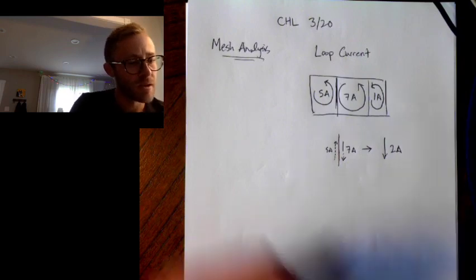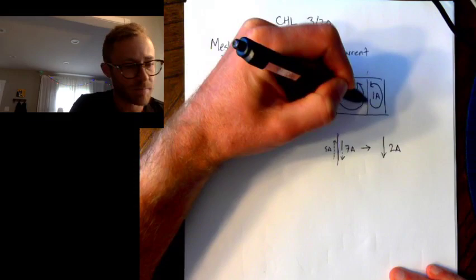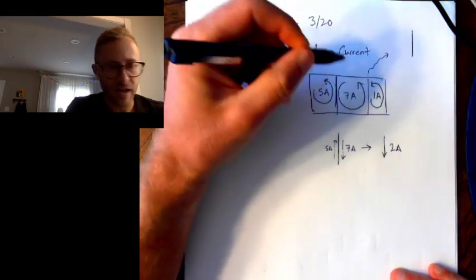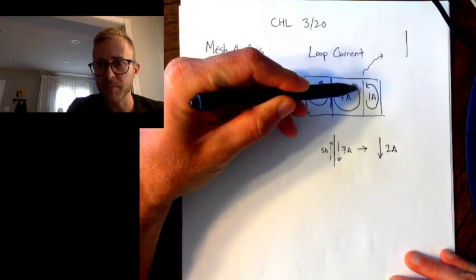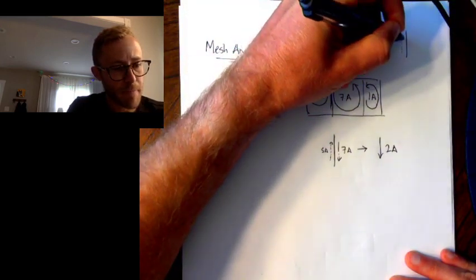If we were to look at this piece of wire right here, it has this 7 amp loop current going up on the left-hand side.